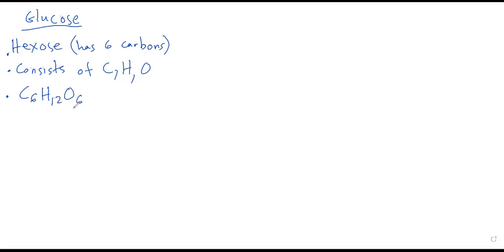Now at the CAPE level, we are not just interested in the molecular formula. We're interested in the structural formula. So how are the 6 carbons, the 12 hydrogens, and the 6 oxygens actually connected to each other? We're going to look at the arrangement. For glucose, I'm going to start with a carbon at the top, connected to a next carbon.